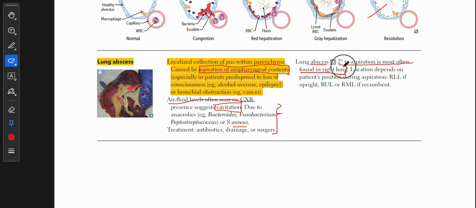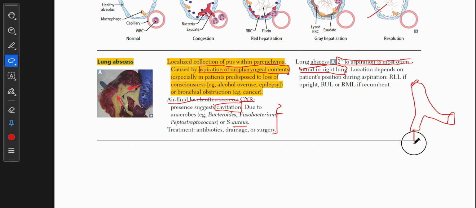It is often found in the right lung, because there are specific features differentiating the right and left lungs. If this is the trachea, it divides into two bronchi, and there is a difference between the right and left bronchi.